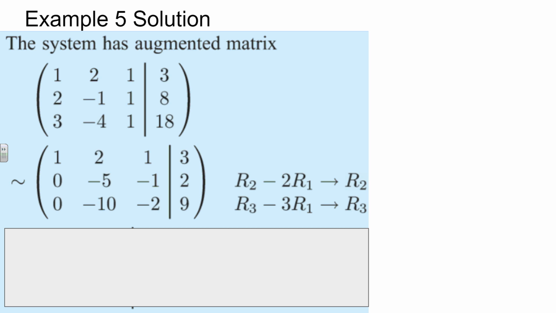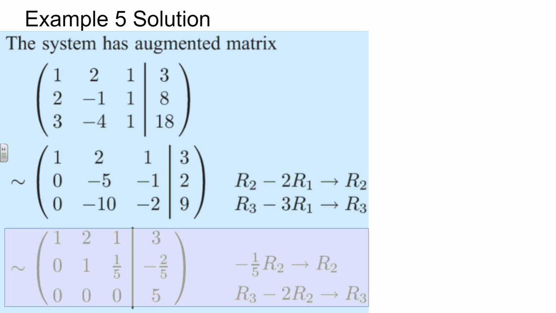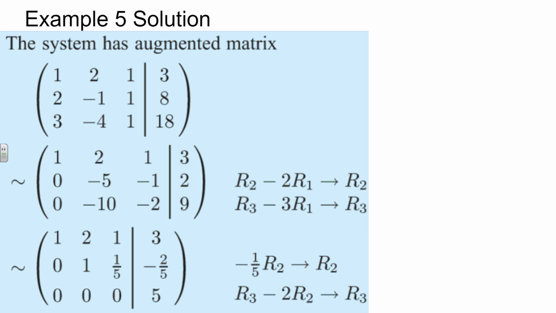Next step is going to be trying to get a 1 in row 2, column 2, and a 0 in row 3, column 2. And I'm in pretty good shape right there because I see I have that 5 and the 10. That's going to help me get the 0 in row 3, column 2. To get the 1 in row 2, column 2, I'm just going to multiply by -1/5. And for the 0 in row 3, column 2, I'm going to do R3 minus 2 times R2.